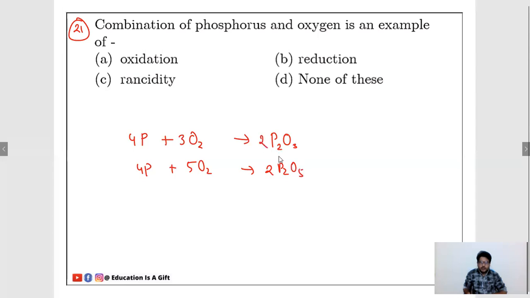So what is happening? When phosphorus is combining with oxygen, oxygen is added. Addition of oxygen is known as simple oxidation, isn't it? Yes, oxidation here. It is not reduction. It is not transitivity. None of these. Answer is oxidation.